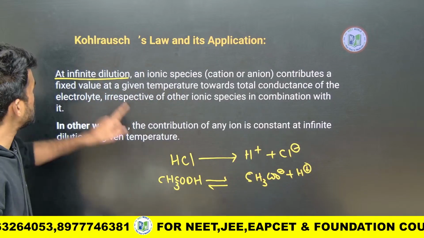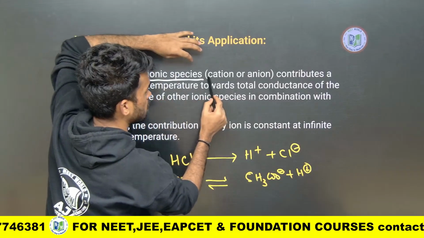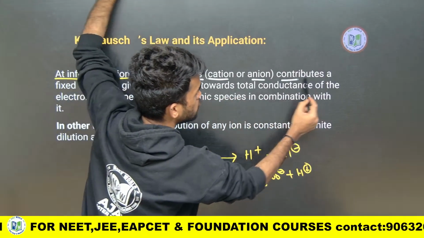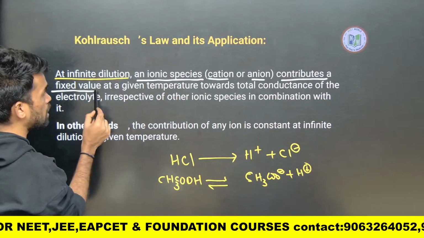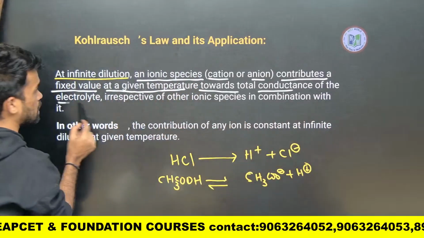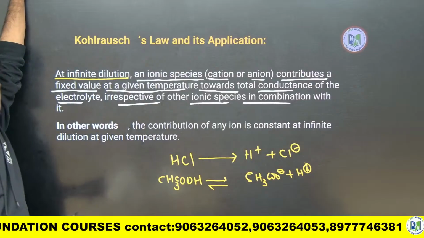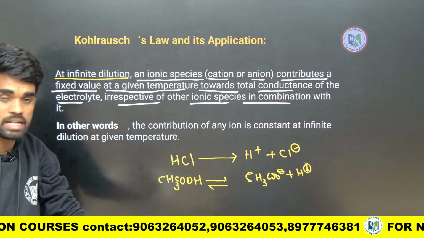Now listen here. At infinite dilution an ionic species, whether cation or anion, contributes a fixed value at a given temperature towards the total conductance of the electrolyte, irrespective of the other ionic species in combination with it. Try to understand it clearly.